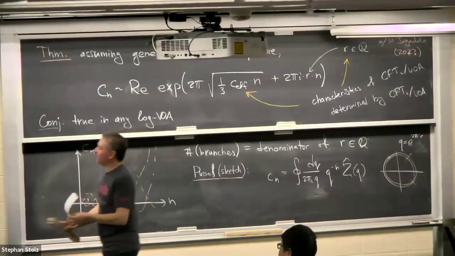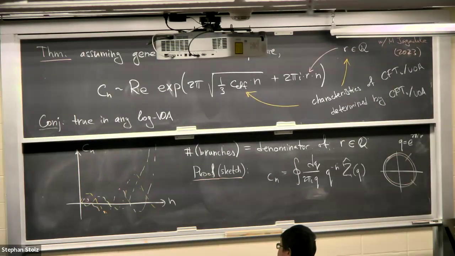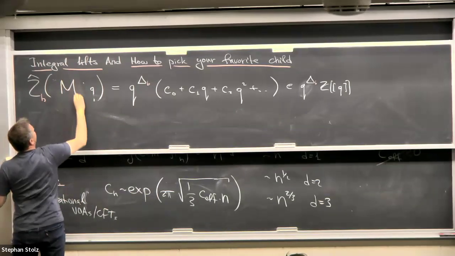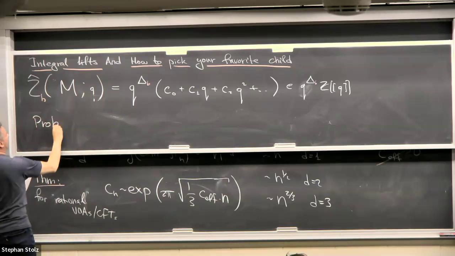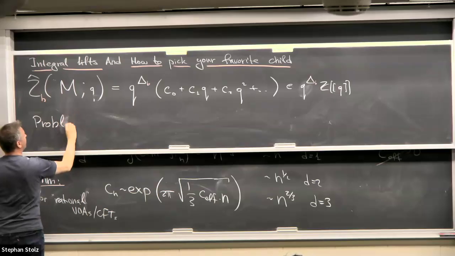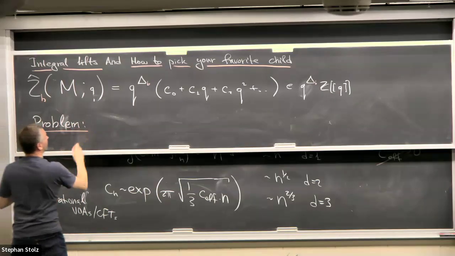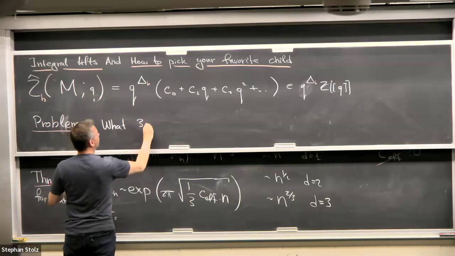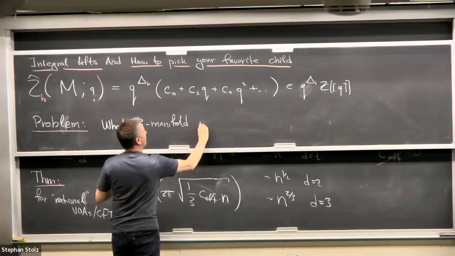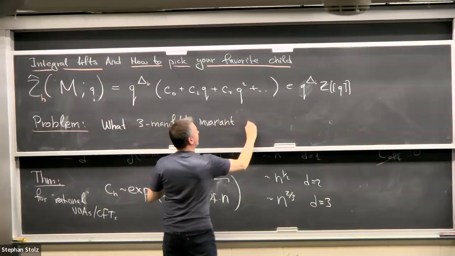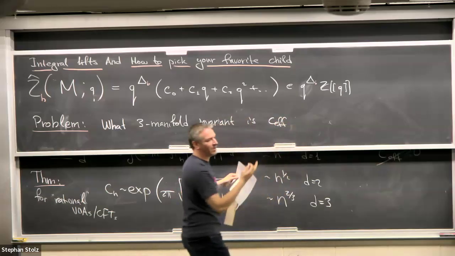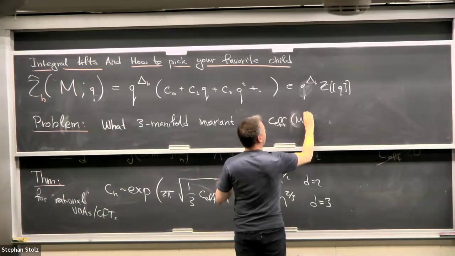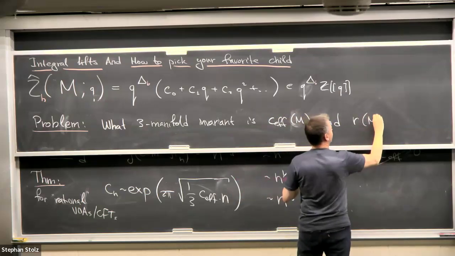I was going to pose the same problem about C effective, but I can also ask: if this is a manifold invariant, a natural problem, based on questions that I was planning to ask and you're already asking, is to ask what kind of three-manifold invariant is C effective, because it's determined by the manifold, at least in our setting, and also this rational number R of that.